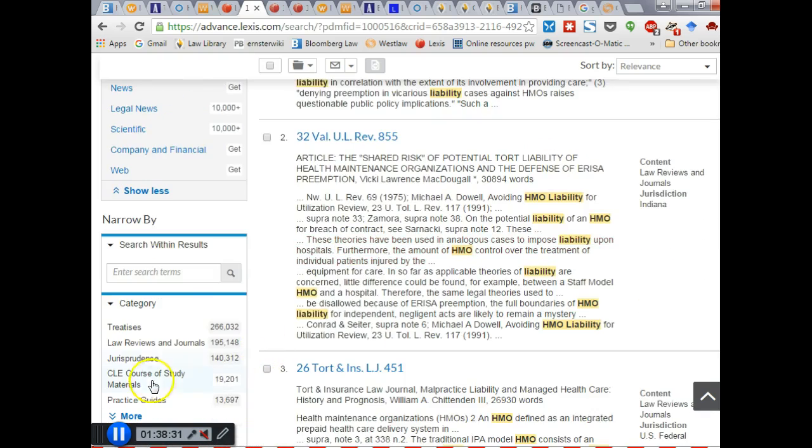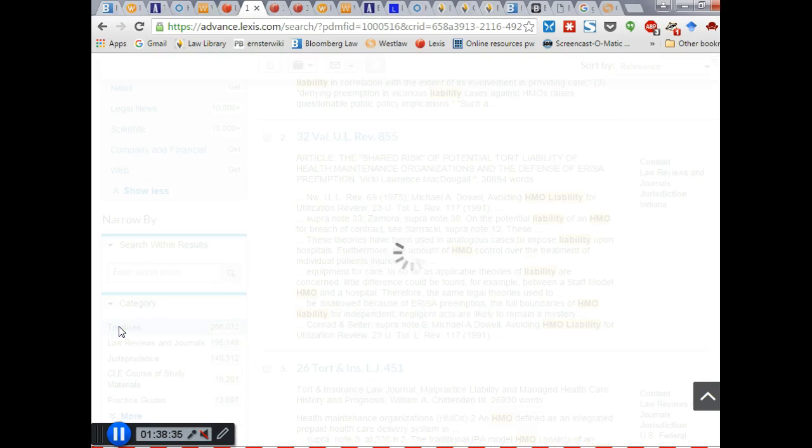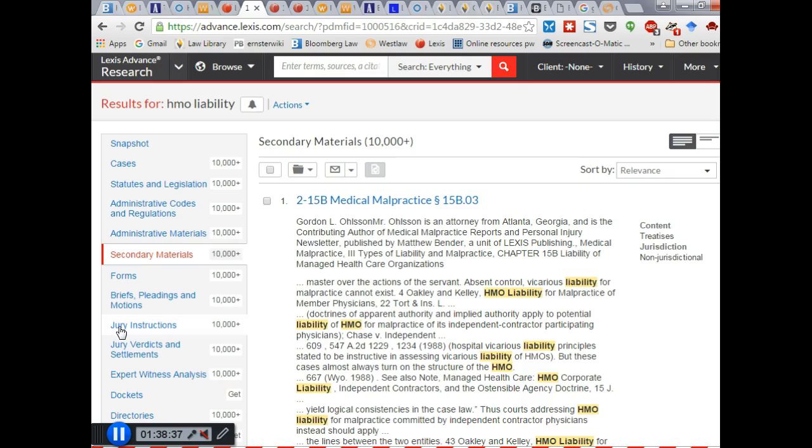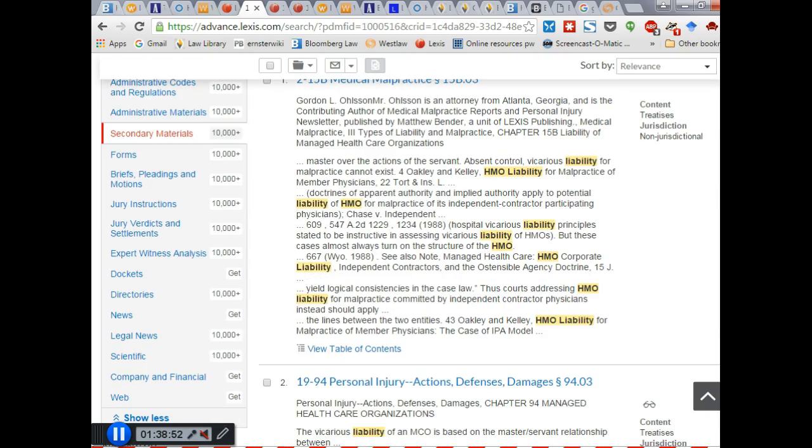And then instead of narrowing by jurisprudence, which is what we did before, I take a look at treatises. Because I know I want more in depth. My question either isn't being answered by the encyclopedias, or I've gotten as far as I can in terms of what I can learn from an encyclopedia or ALR, and I really need something more in depth, which I think is probably the case for our question for our client.